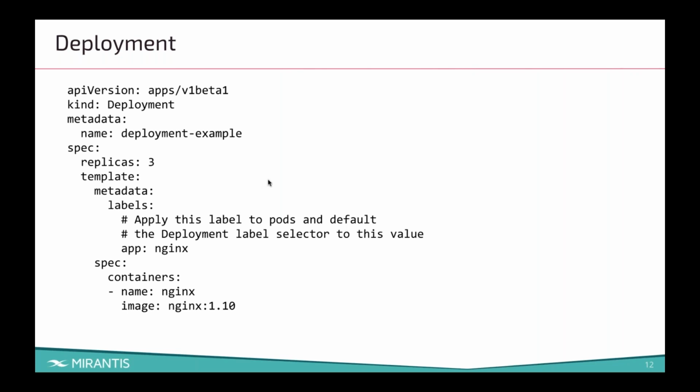So a deployment is similar to a replica set, but in that, we specify, okay, this is how many replicas we want, and this is what those replicas are. The template specifies we have the metadata and the spec. So basically, we've got a pod down here under template, a template pod.